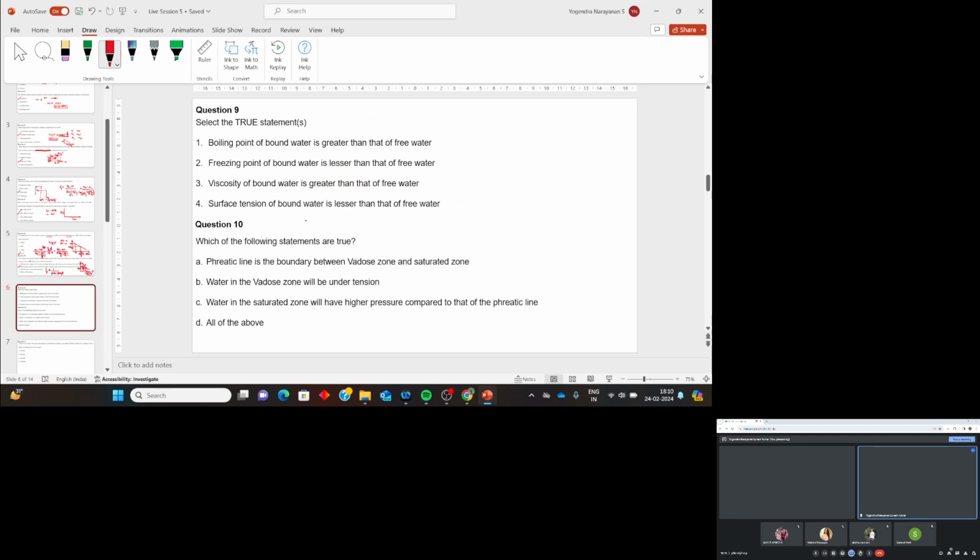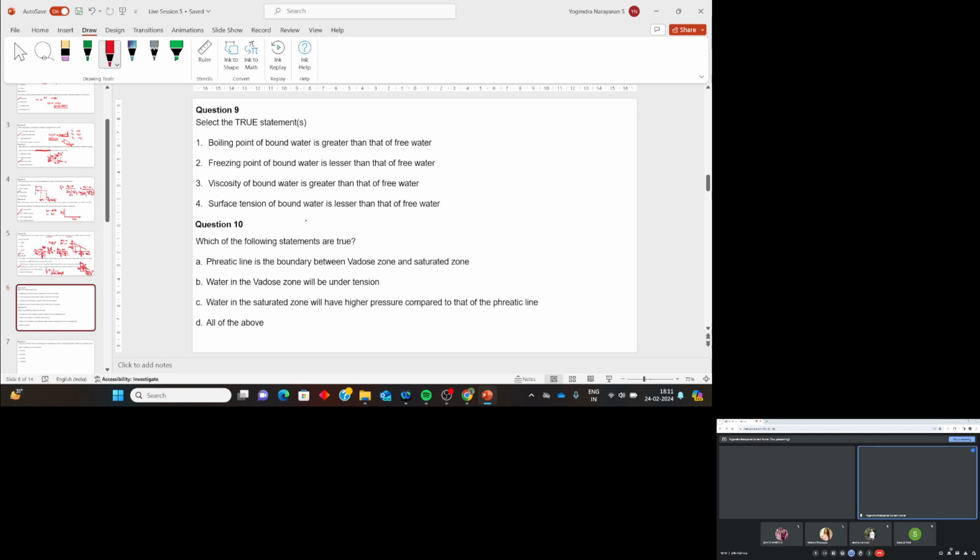So now select the statements. Here it should be noted that it can be a multi-correct option question. Boiling point of bound water is greater than that of free water. Second statement is freezing point of bound water is lesser than that of free water.